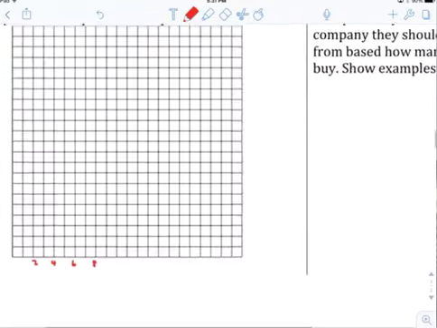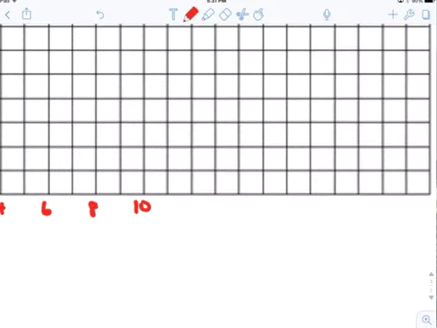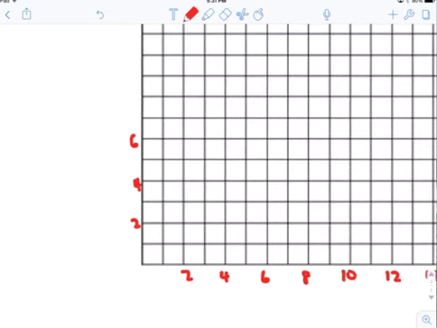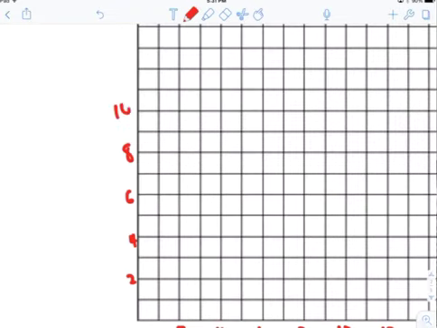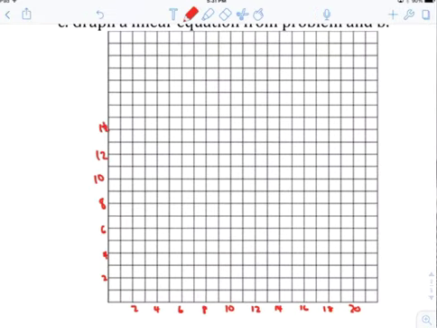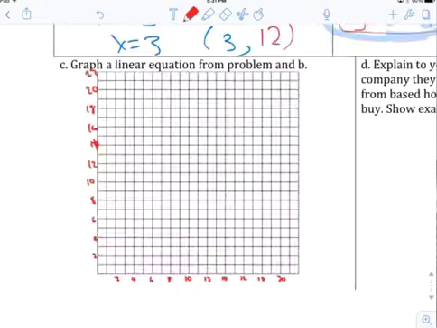So 10, 12, 14, 16, 18, 20, and going up the same. 2, 4, 6, 8, 10, 12, 14, 16, 18, 20, 22.